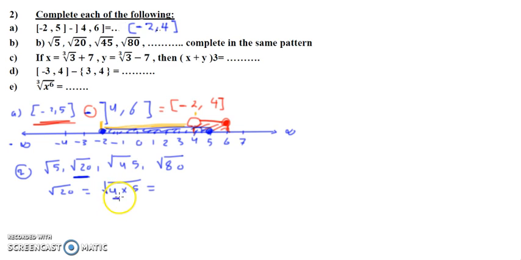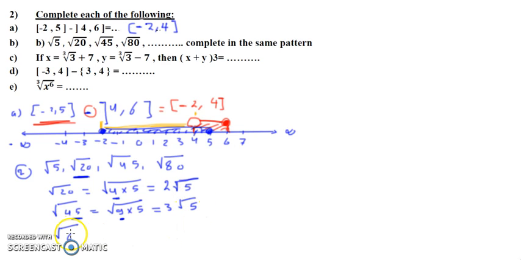The square root of 4 is 2, and 5 has no square root. And then we will find the square root of 45, which equals square root of 9 times 5, and 9 has a square root which is 3, and square root of 5 has no square root.